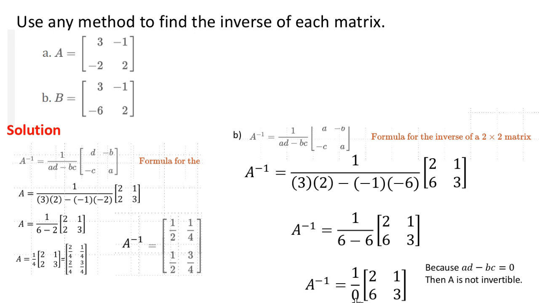And 6 minus 6 is 0. So we cannot divide by 0, right? So we can't continue because of that 0. So we say that A is not invertible, so it doesn't have an inverse. Sometimes you'll have matrices that don't have inverses, and this is an example of one because you have a 0 in the denominator. Any questions on A or B?